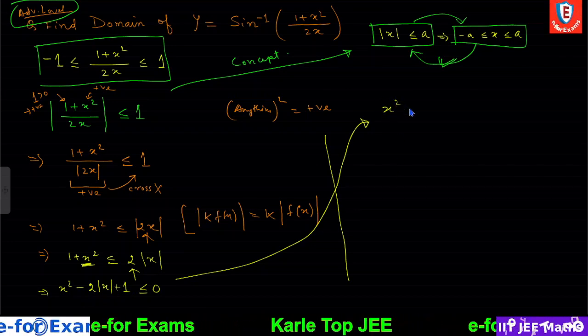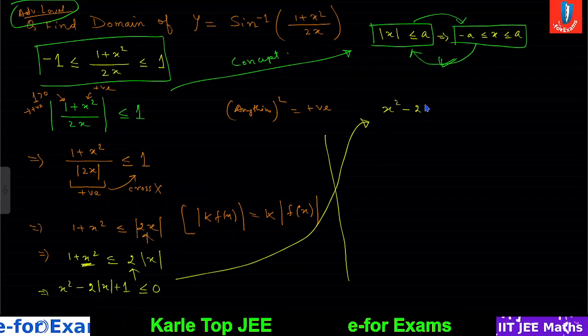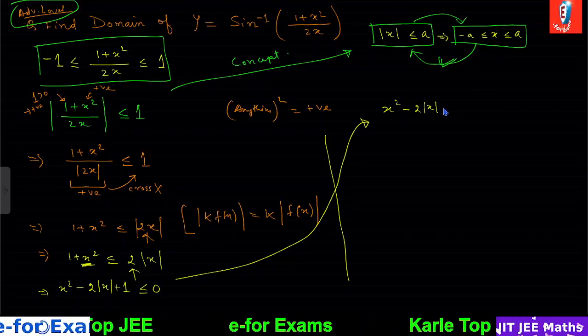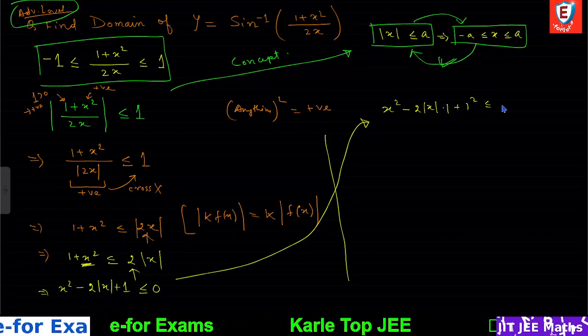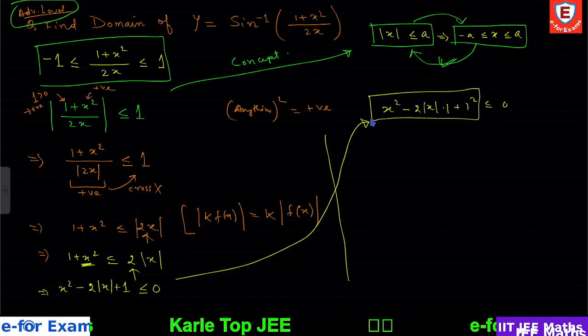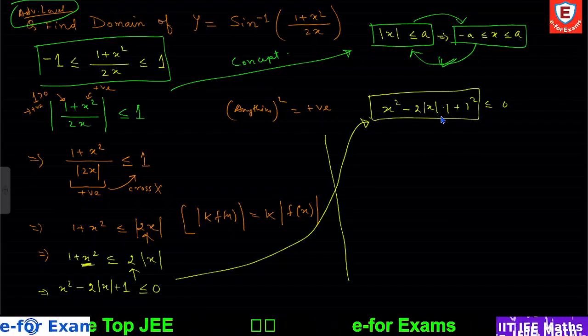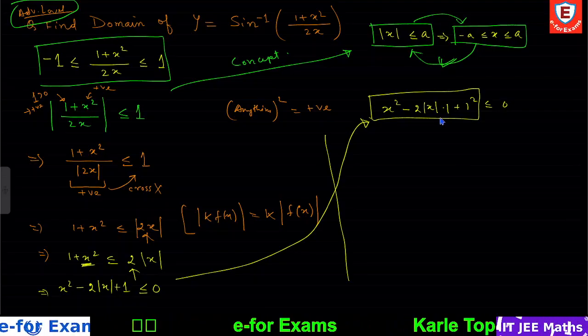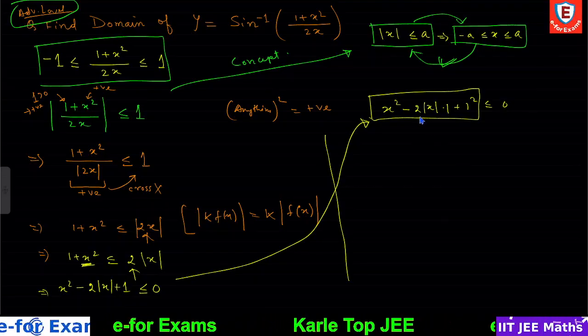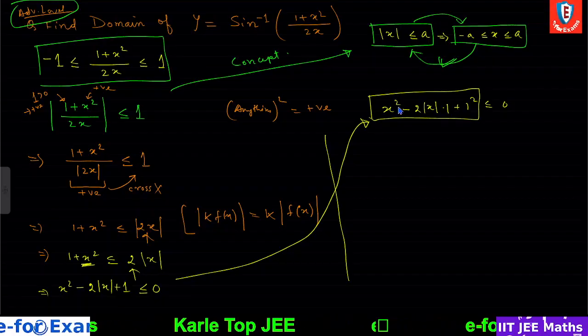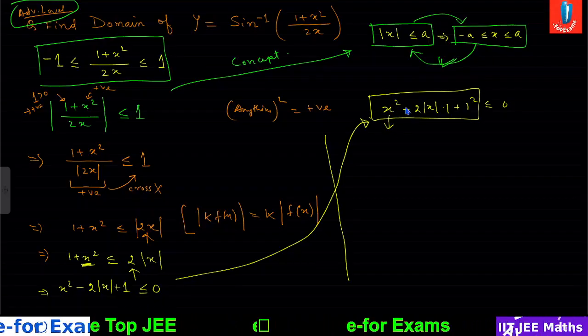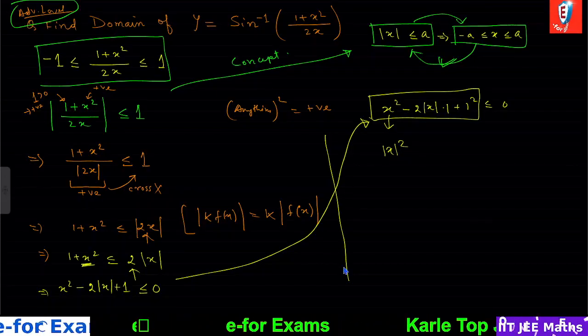We can manipulate this into that formula: mod x whole square minus 2 into mod x into 1 plus 1 square, less than or equal to 0, right?